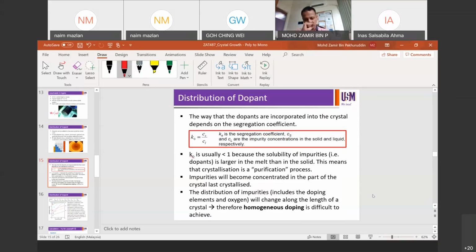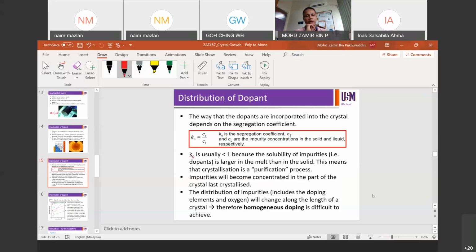It's given by CS over CL. CS is the concentration of dopants in the solid form, that means in the ingot, over CL, the concentration of the dopants in the liquid form. Maksudnya apa yang you end up in the ingot over what you actually put in the melt during the process.